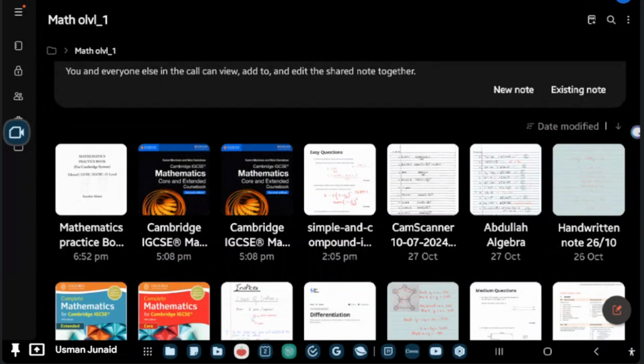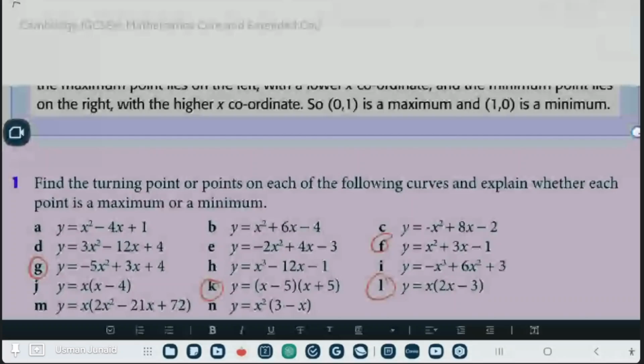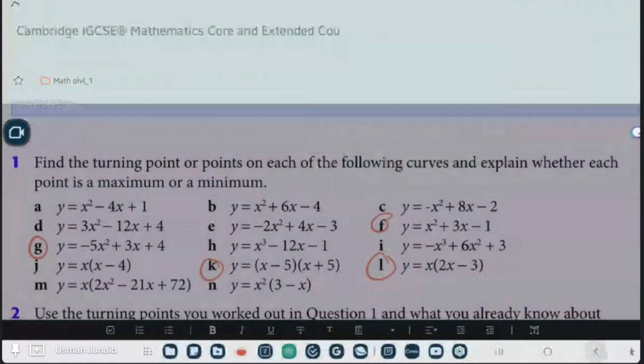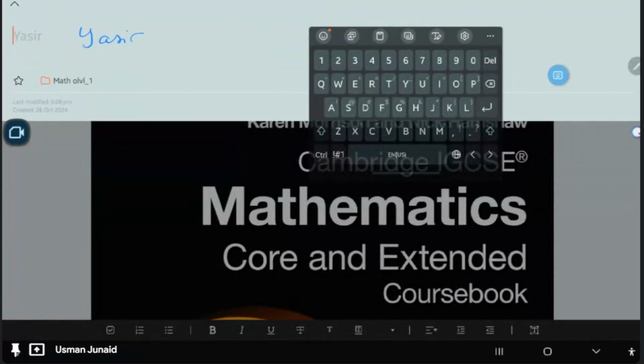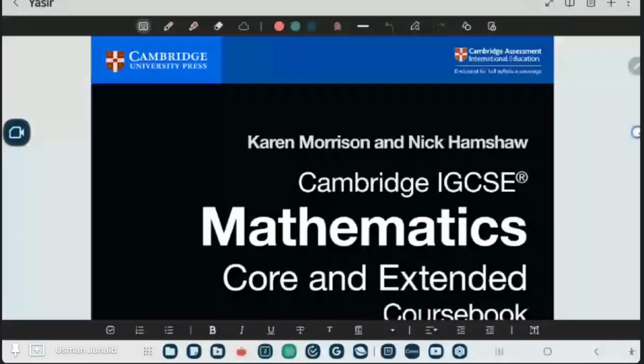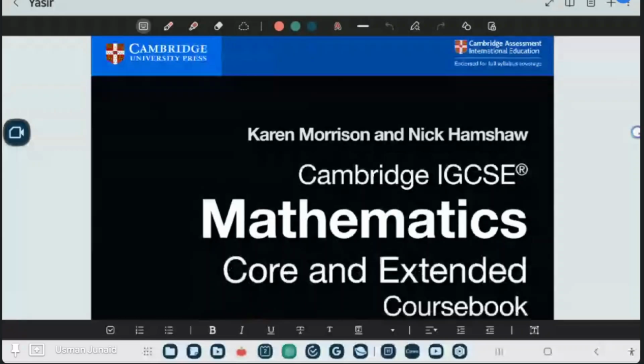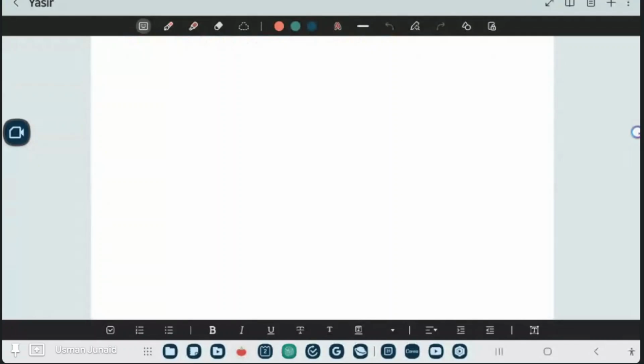So it's got 2D and 3D shapes and their perimeter and area, right?